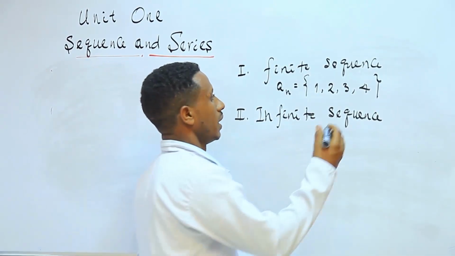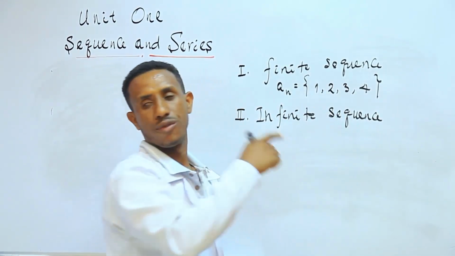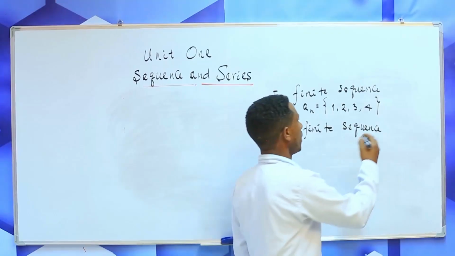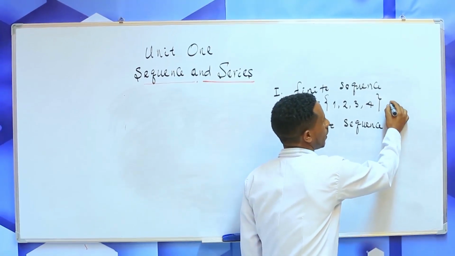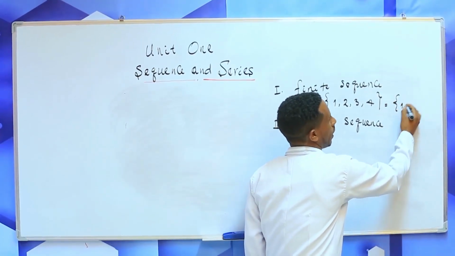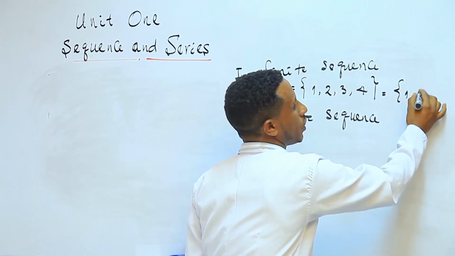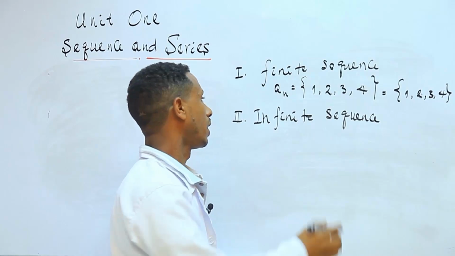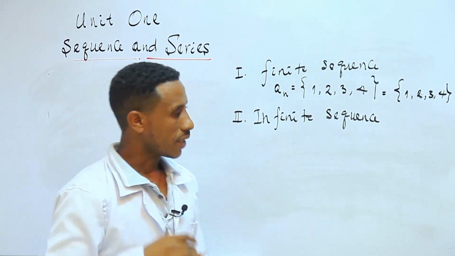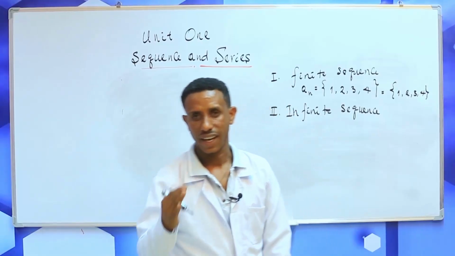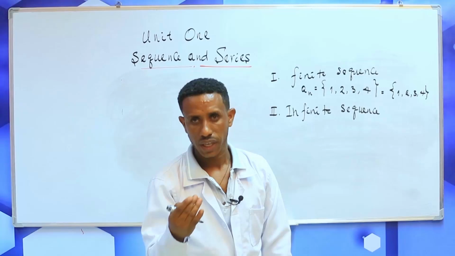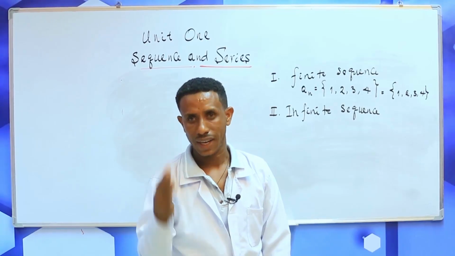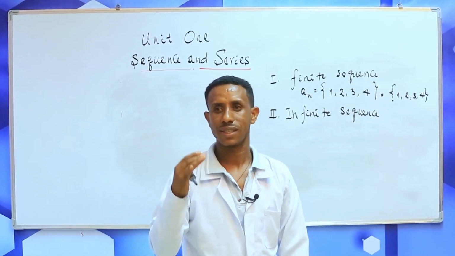And the domain of this sequence is 1, 2, 3, up to 4. This is the domain. And a sequence is said to be infinite if that sequence has no last element or no last term.